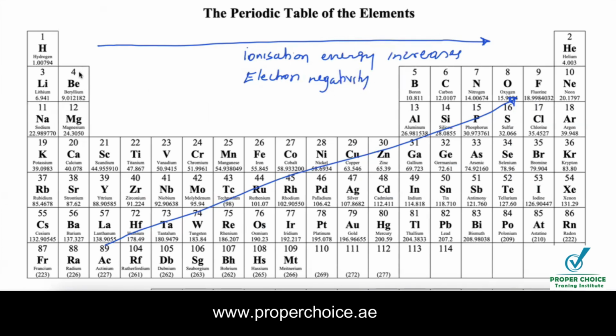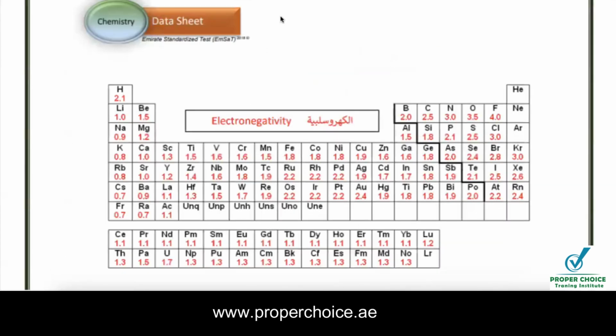As we are moving from left to right across the period, electronegativity increases. From the down left to the top right, electronegativity increases. By the way, on a data sheet, the periodic table will be given to you in the exam based on electronegativity. You can see that in the same period, for example period 2, lithium has an electronegativity of 1, beryllium 1.5, boron 2, carbon 2.5, nitrogen 3, and so on.